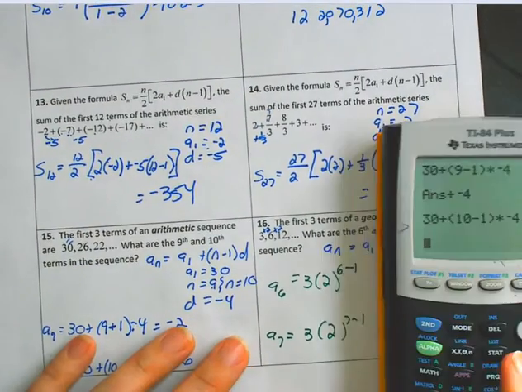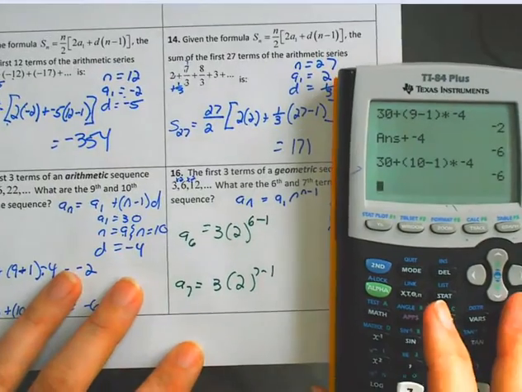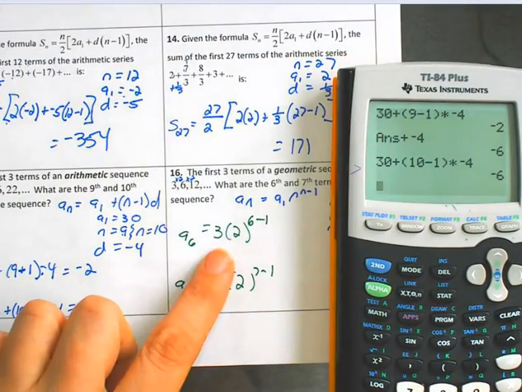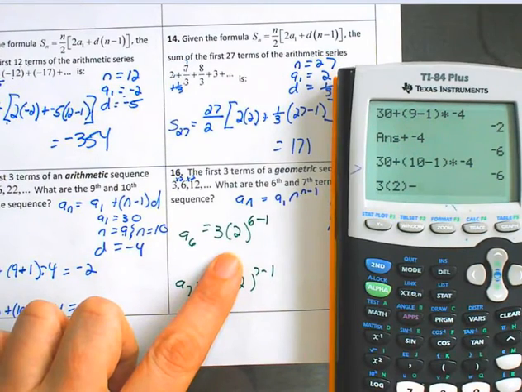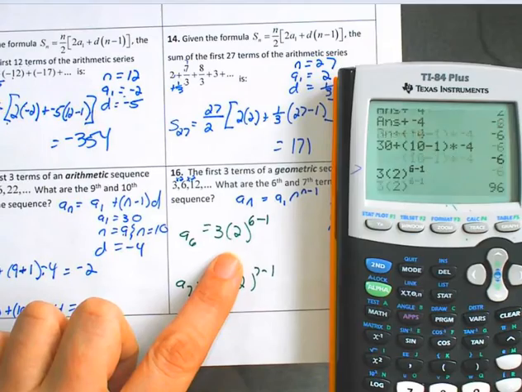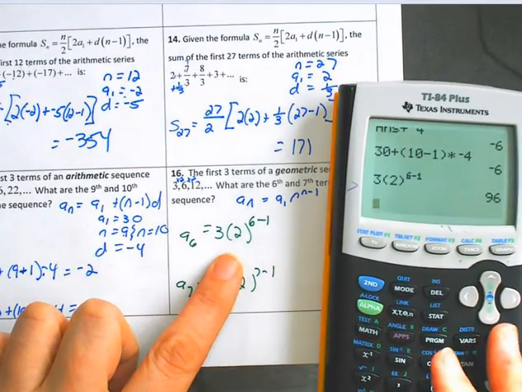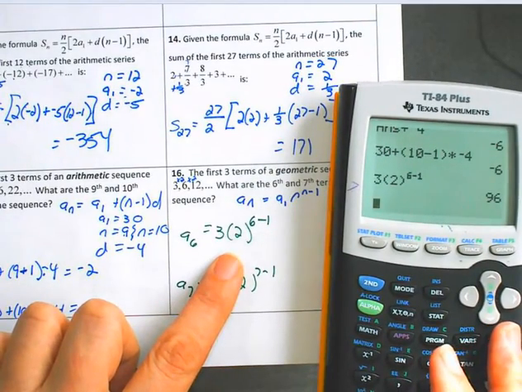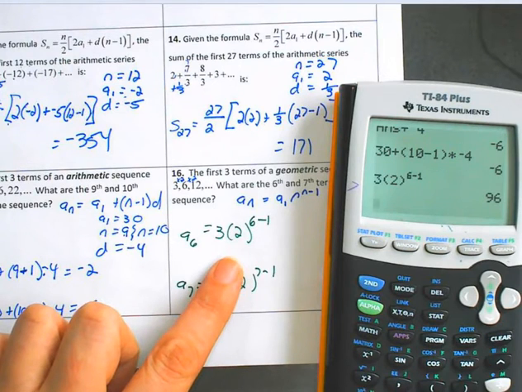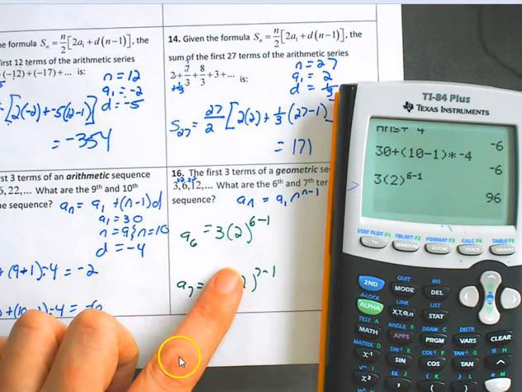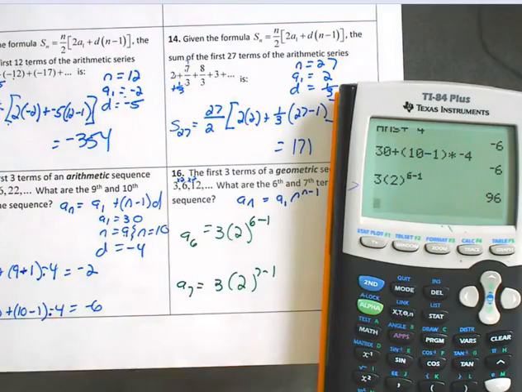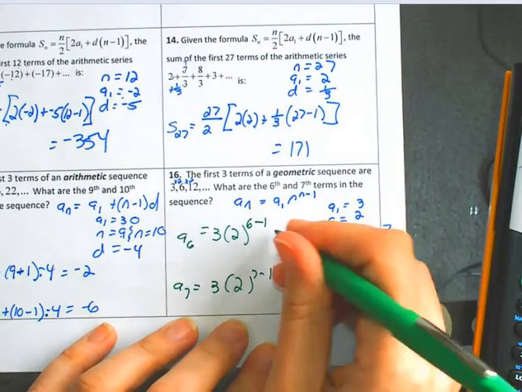Okay, let's plug that into the calculator. So I have 3 times 2 to the power of 6 minus 1. Okay, so that's going to give me 96.